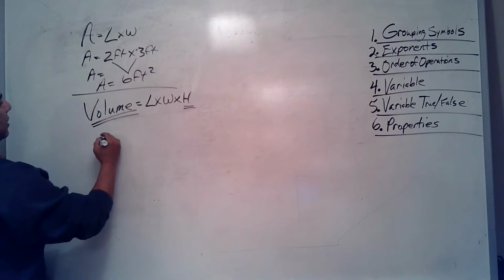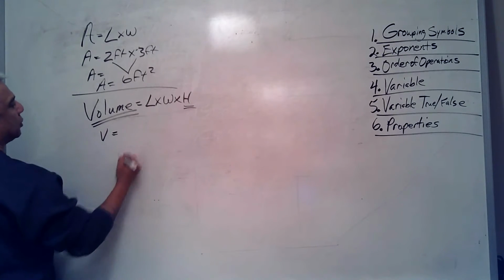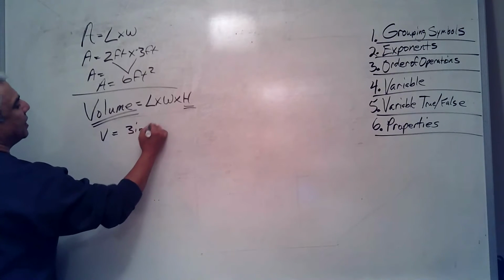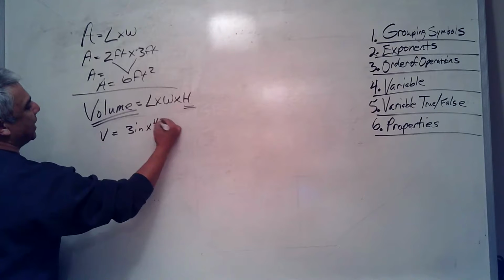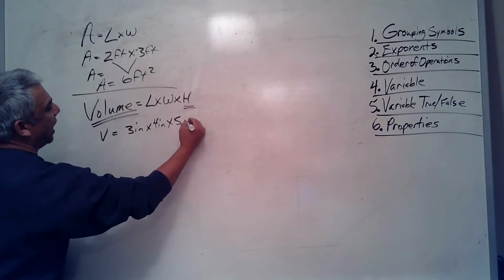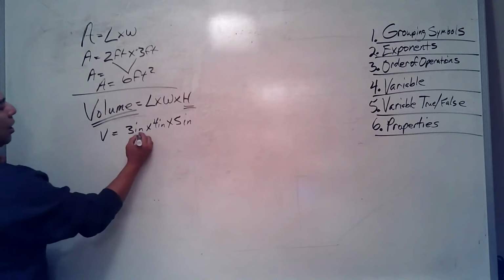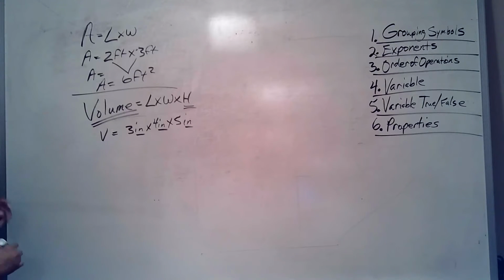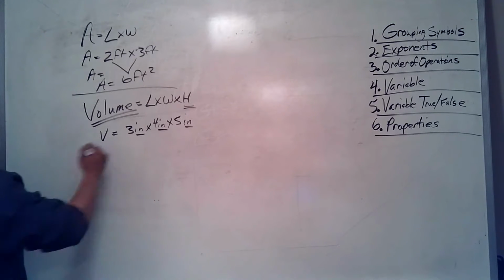So, once again, I'm going to go V is equal to, let's say, 3 in times 4 in times 5 in. Well, hello, in once, in twice, in 3 times. So, when we do that, we know that our final answer should have in to the itty bitty 3.